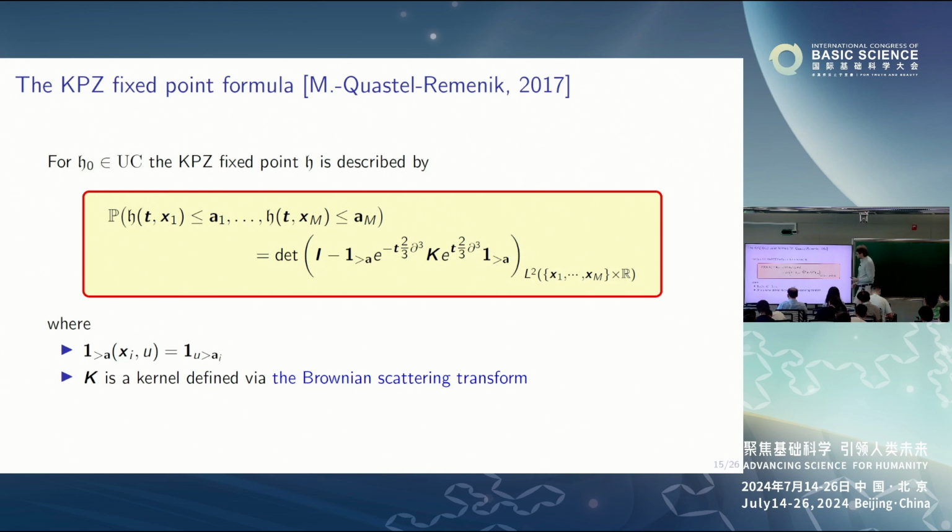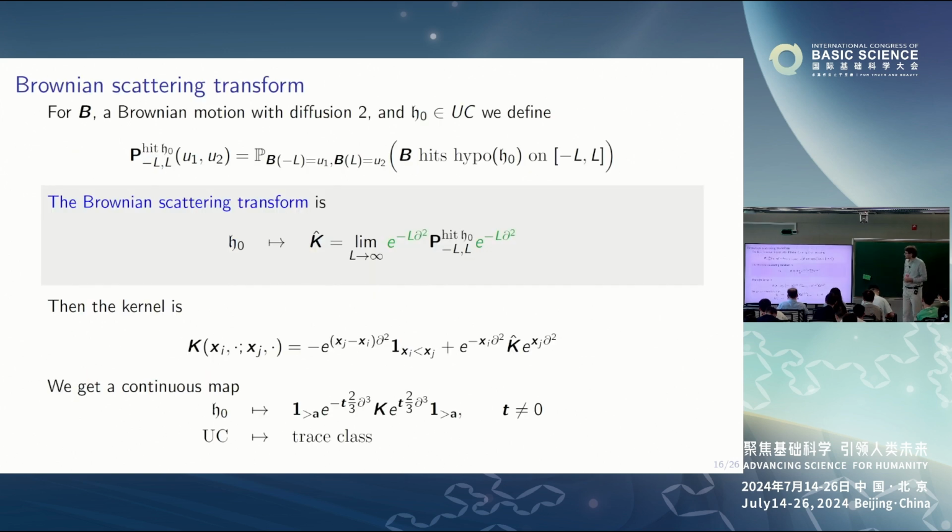Again, the kernel is surrounded by projections, which are here. And the kernel K inside is defined in terms of the so-called Brownian scattering transformation. So what is the Brownian scattering transformation? Remember, we fixed the initial state of the KPZ fixed point H naught at time 0. Now we look at the following probability.